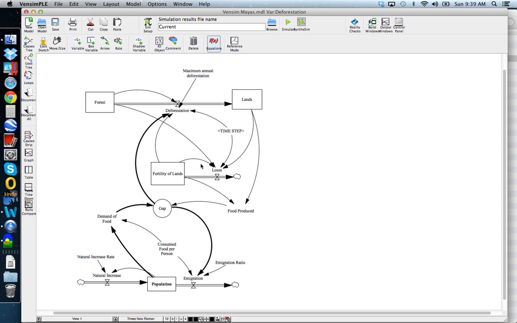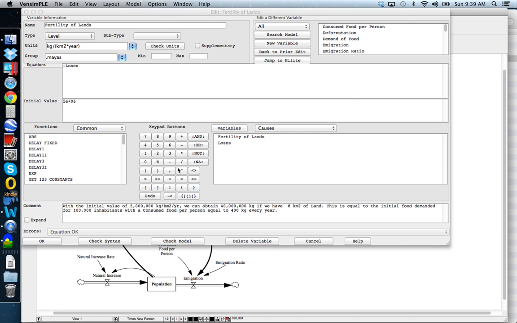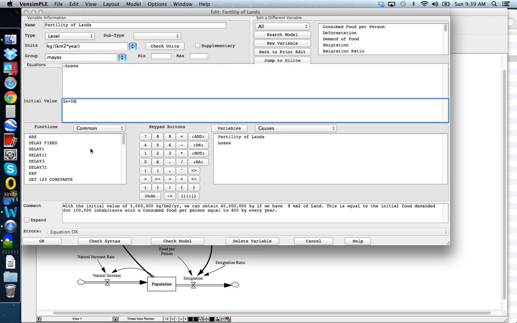So this brings us to the concept of fertility of lands. This is used to account for the fact that the lands, as they become used, become less fertile because the nutrients in the soil get consumed, and it's a natural process.